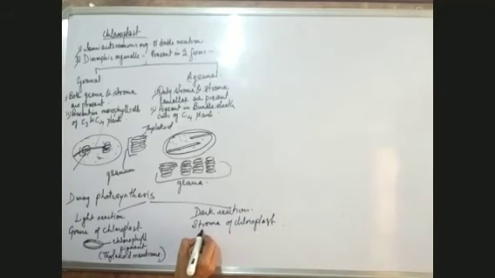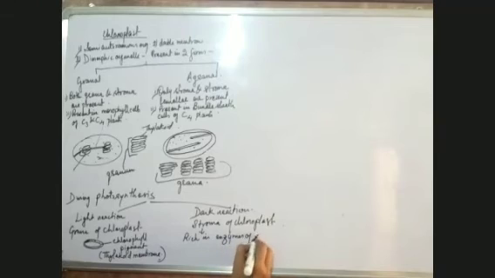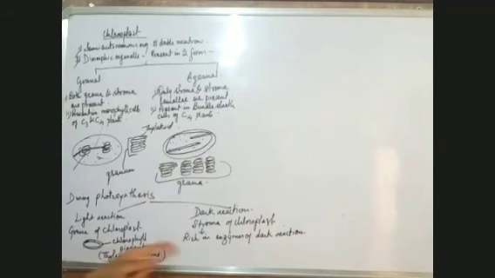So the stroma is rich in enzymes of the dark reaction. Whatever enzymes are required for the dark reaction, the stroma is rich in that.